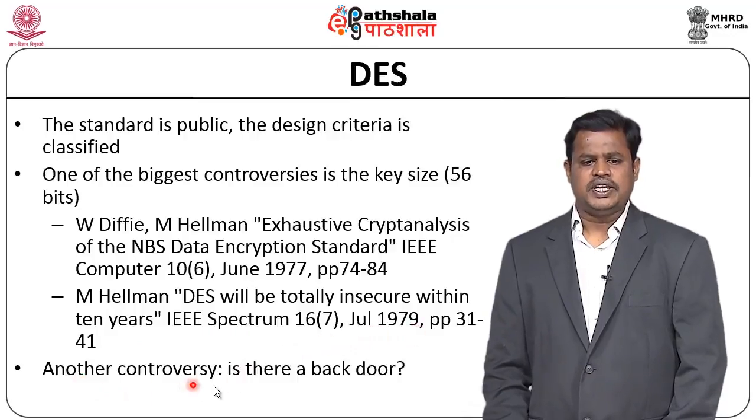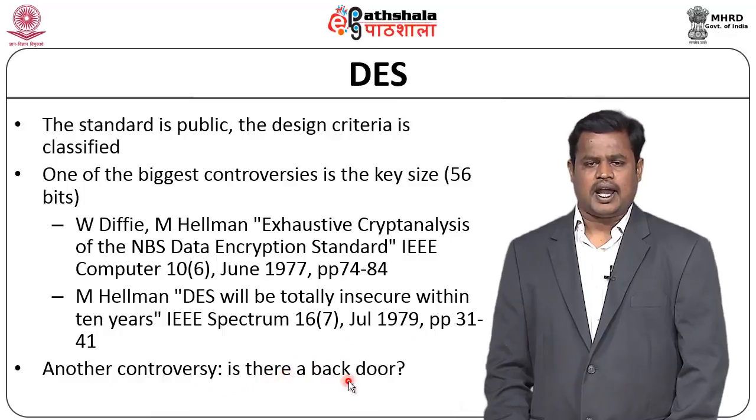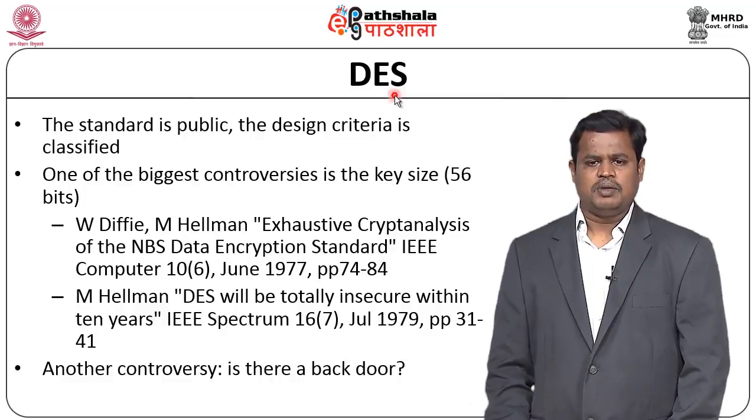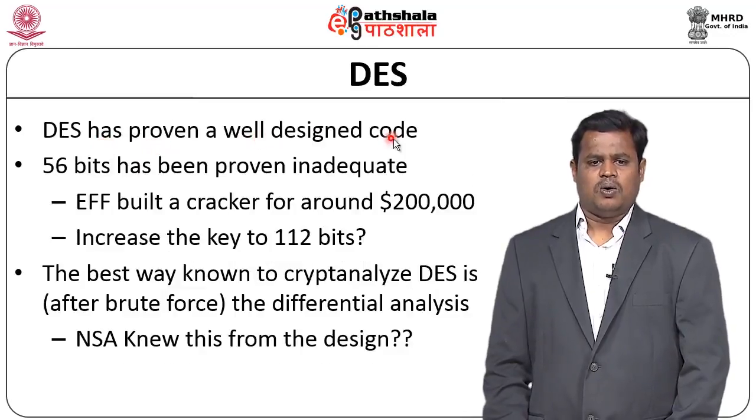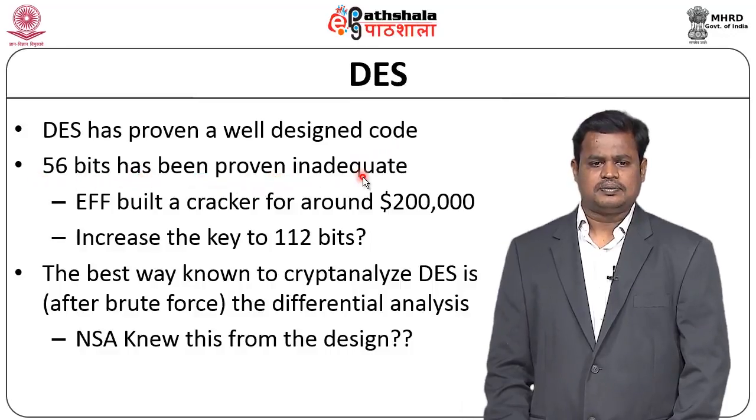Another controversy is whether there is any backdoor attack. DES is a symmetric cryptographic algorithm, but one of its biggest controversies is the key size. DES has proven a well designed cipher, but 56 bits has been proven inadequate.